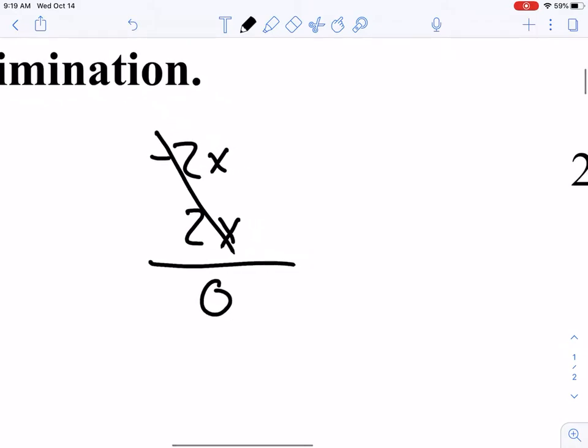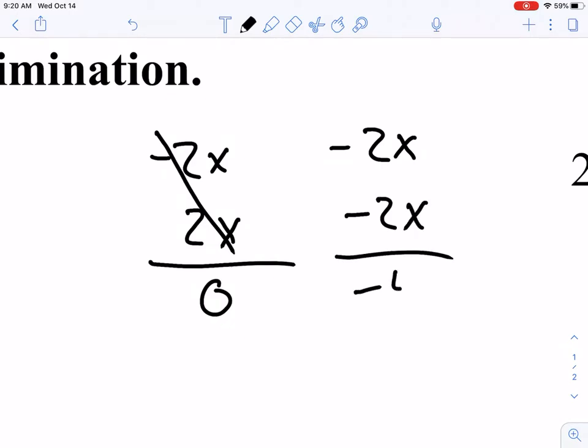Again, if I have two that have the same sign, if I were to combine these, they would make negative 4x, and that does not cancel out to make 0. So if I have the same sign, I need to change one of the signs by multiplying by a negative, or we would call that subtracting.